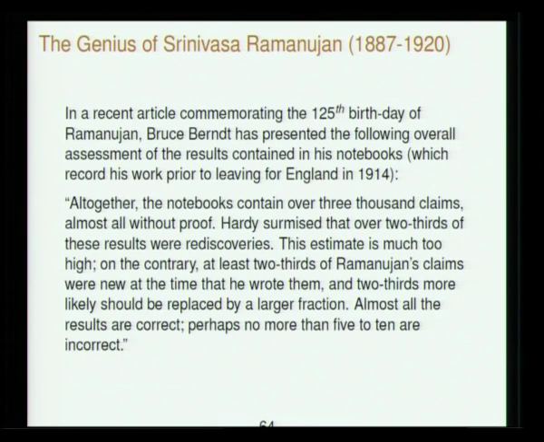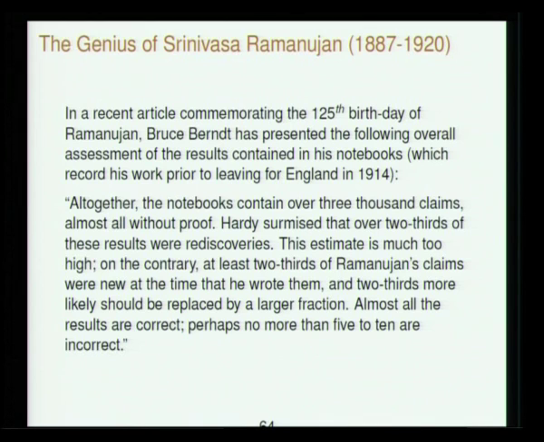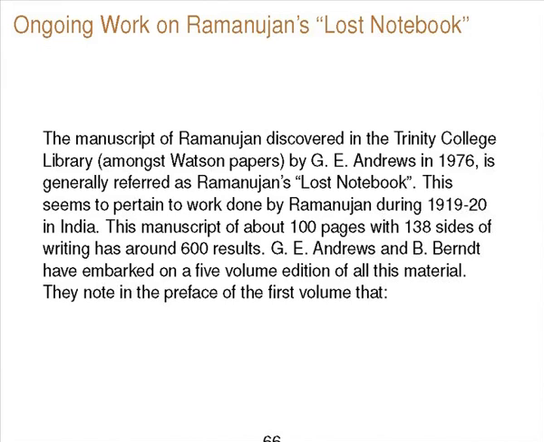Hardy initially thought that 2/3 of them were already well known, but now the understanding is more than 2/3 were not known at the time Ramanujan was recording these results in the notebook, and almost all the results are correct, perhaps no more than 5 to 10 are incorrect.